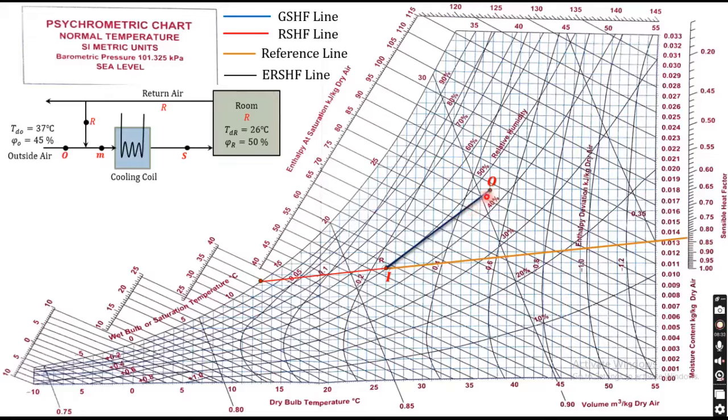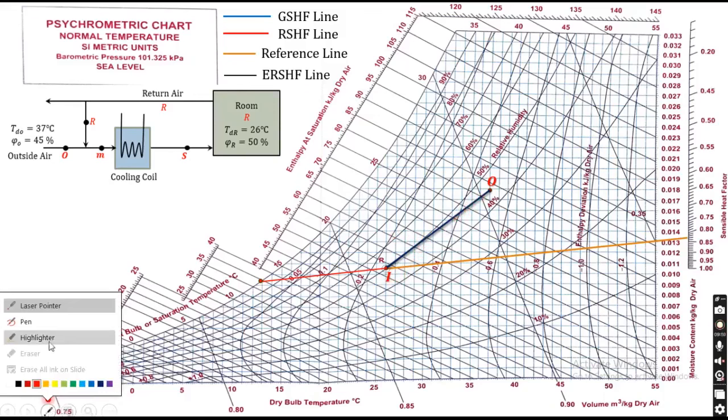Now as you can see in the flow diagram here, O condition and R condition are mixing together and we get the mixed condition M. Now we have to find out the condition of that mixed air. In order to find that, we have one equation, and by finding that temperature using the equation we can find the location of that mixed condition. It will lie on the line joining I and O. So what is the formula?